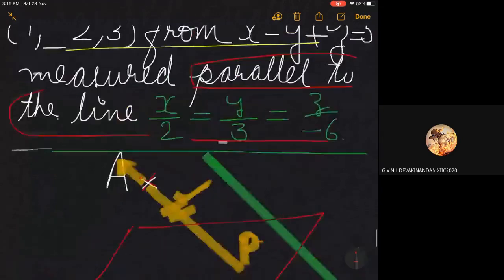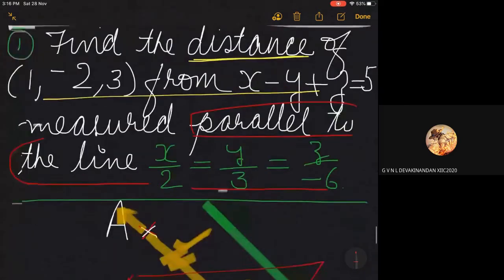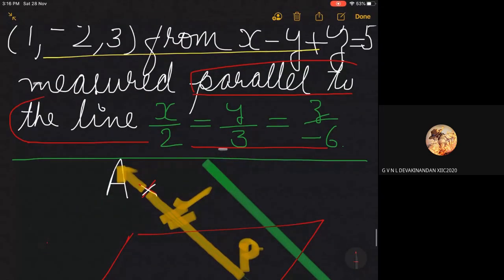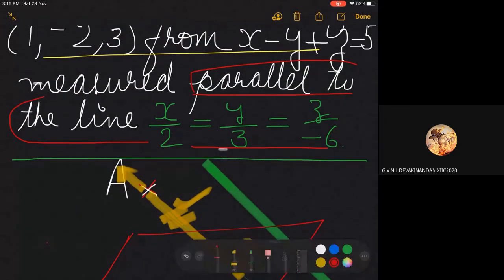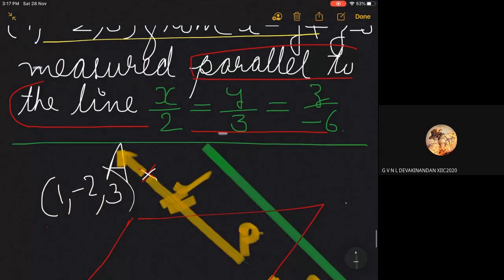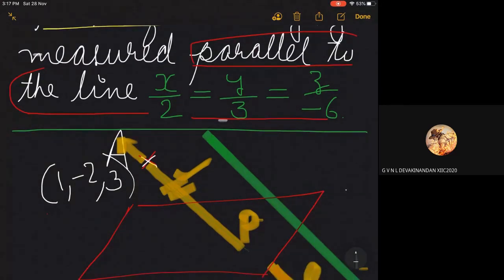So our point A is given. This point is (1, -2, 3). And to write the equation of the line, we need the direction ratio. So what is the direction ratio of this line?